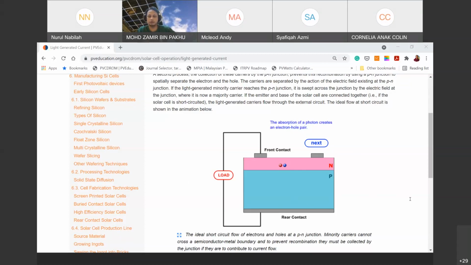Nabila front. Okay, any more? Two more answers? Two more guesses? Come on. Front or rear? We're talking about carrier separation now. Step number 3 in solar cell operation. Front or rear? Last one perhaps. Faris? Front or rear?